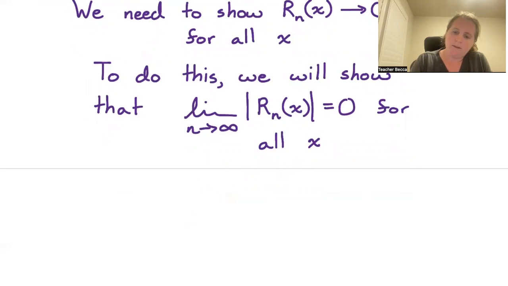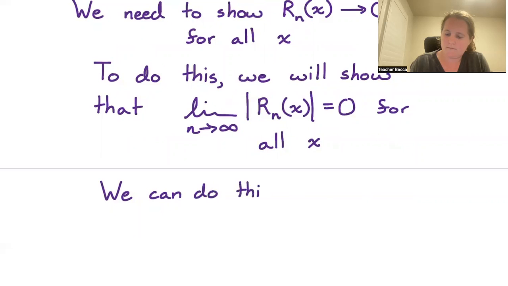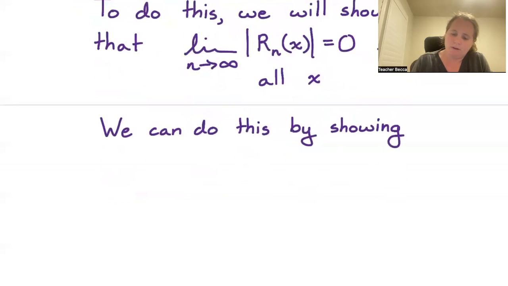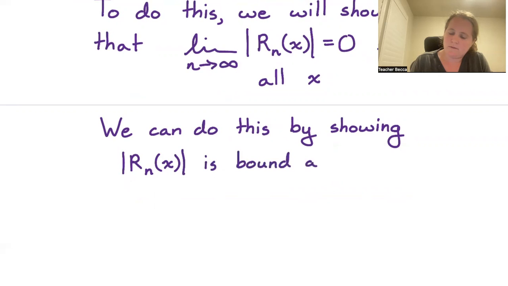So we can do this by showing that the absolute value of R sub n of x is bounded above by a sequence that goes to 0.